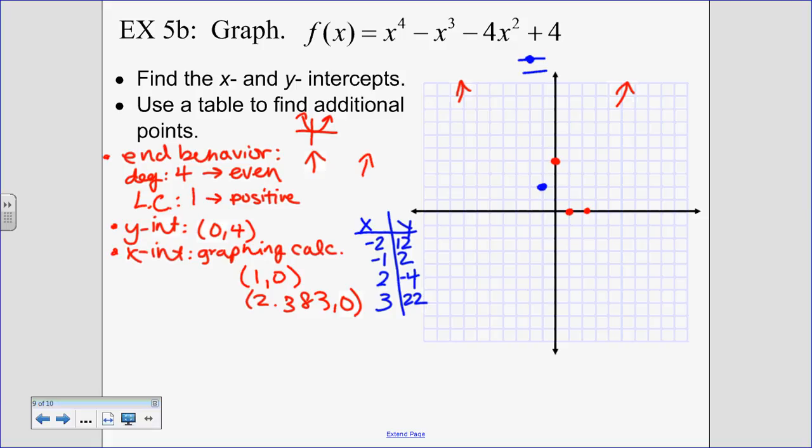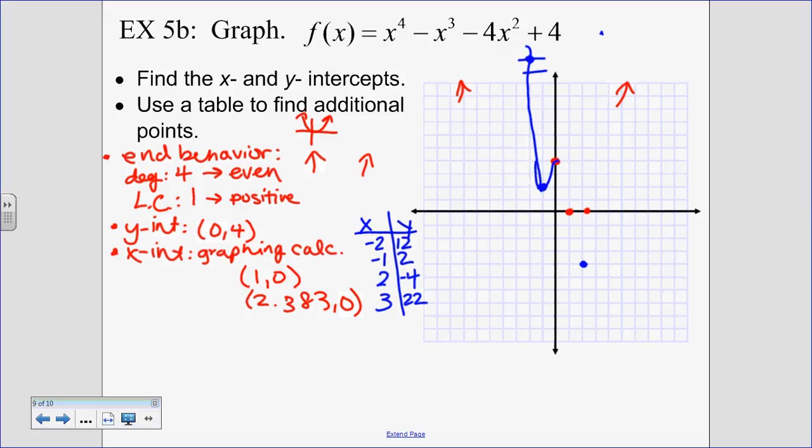So we're at 1, 2, 3, 4. And then (3, 22). So that's just telling us that at 3 we're going to be up here way off the graph. Okay. So here we come down, and then it kind of curves around here.